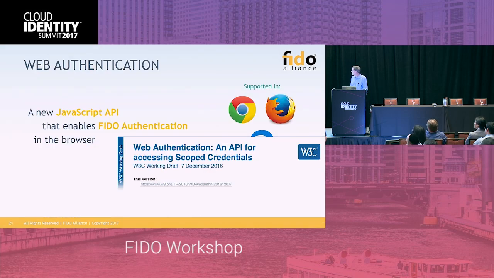As Brent said, we have been working with the W3C. There is a working group called the Web Authentication Working Group, and this is where the work for the JavaScript API is being done. The server delivers a set of JavaScript down to the browser, and the browser executes it.